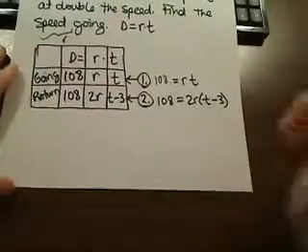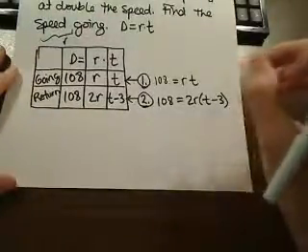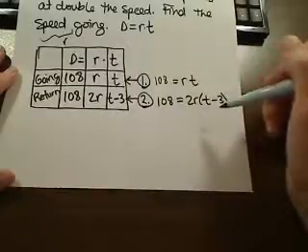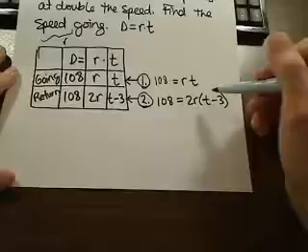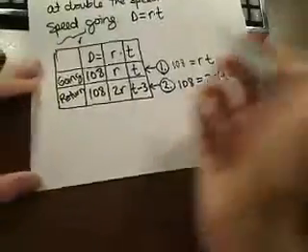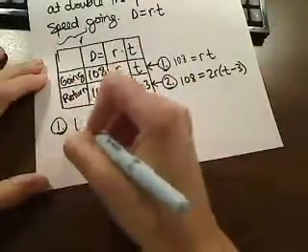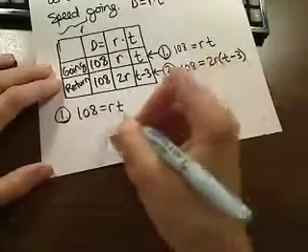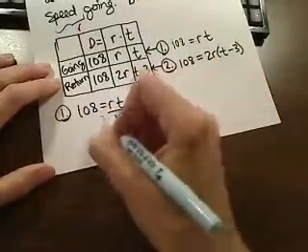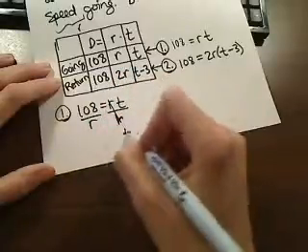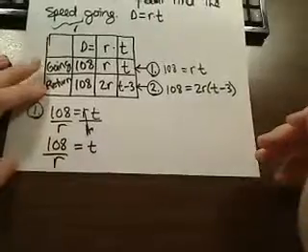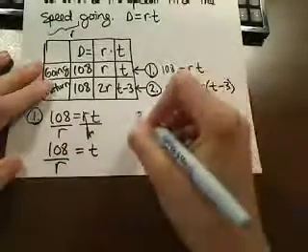Actually, the easier way to do this problem would be to set up a proportion, a rational equation. So let's just solve both equations for t initially. We're going to divide by r, so t is equal to 108 over r for the first equation.